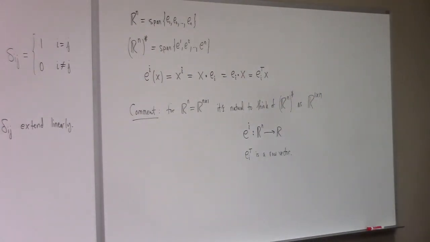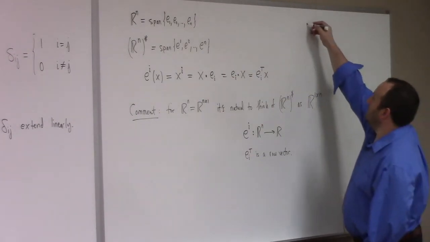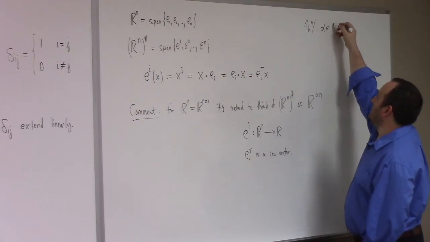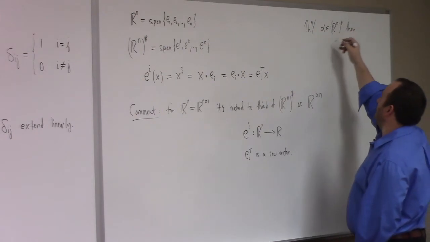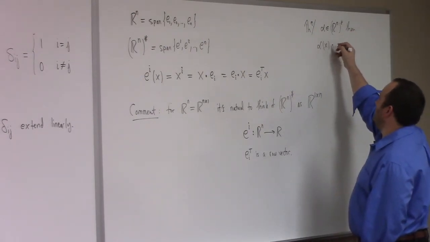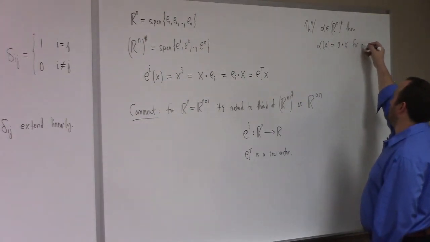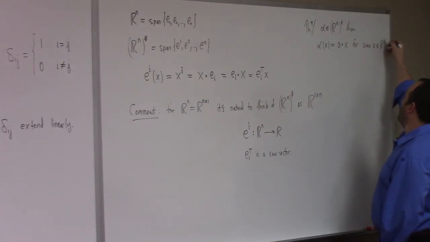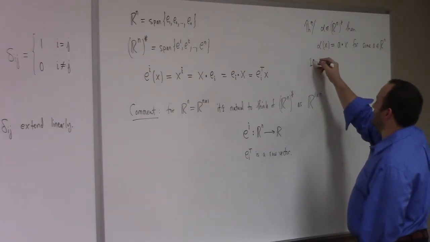Now, in fact, any dual vector in Rn can be rewritten. If you look at this theorem, if alpha is an element of the dual space to Rn, then alpha of x is equal to, let's say, a dot x for some a in Rn. In particular, what's a?